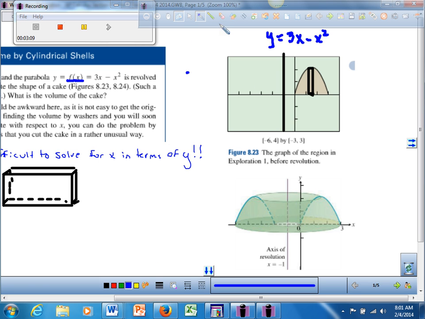So the differences between disc and washer and shells, number 1, very important, the rectangle is parallel to the axis of rotation.